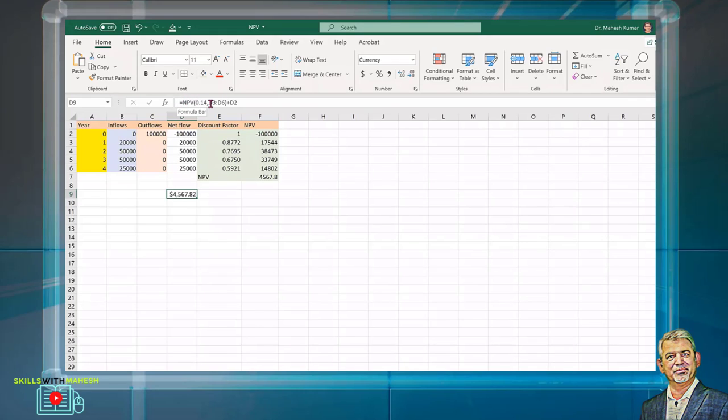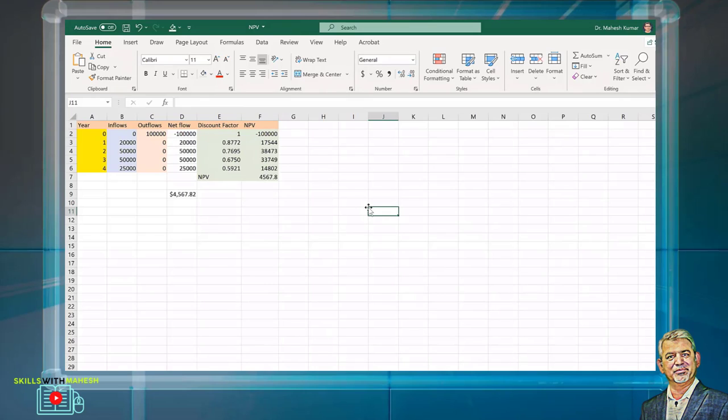NPV 14% rate, D3 to D6 are the values I'm adding, and I'm discounting those, only the revenue part, and then I'm adding to that the initial outflow, which is already negative. So even if I delete it, this answer would stay the same. But these are detailed calculations, right? So you can start playing with it at a later date.